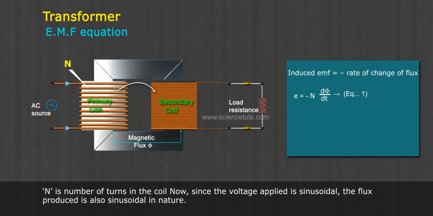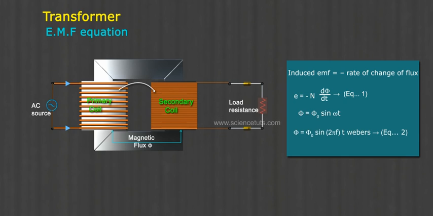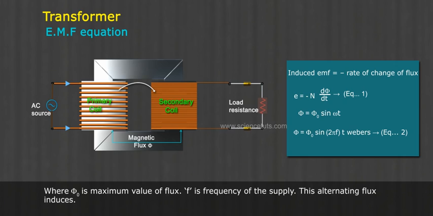Now, since the voltage applied is sinusoidal, the flux produced is also sinusoidal in nature. This flux is of the form phi equals phi naught sine omega t. Phi equals phi naught sine 2 pi f t Webers, equation 2, where phi naught is the maximum value of flux, f is the frequency of the supply.